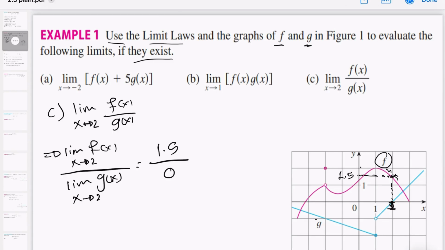Because the limit of the denominator is 0, we can't use law 5. So the given limit does not exist because the denominator approaches 0 while the numerator approaches a non-zero number.